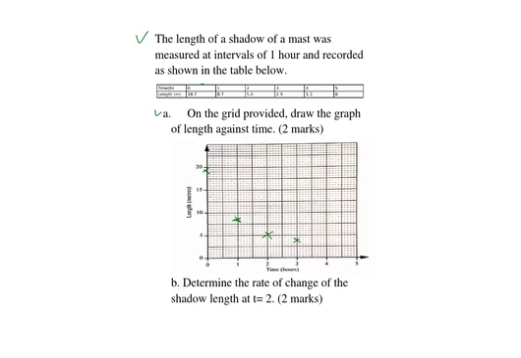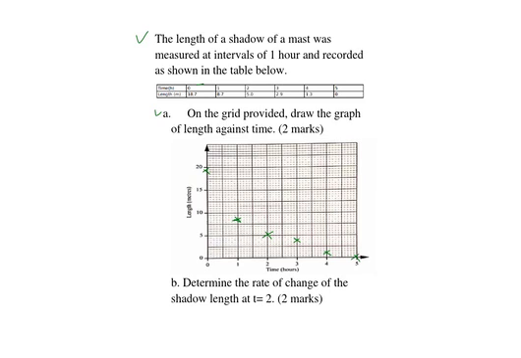That is 2.9. And when time is 4, the length is 1.3, so 1.3 will be somewhere there. And lastly we have the length 0 when time is 5 hours.